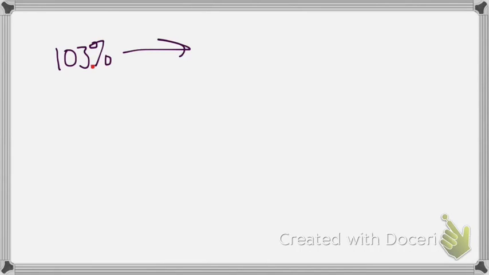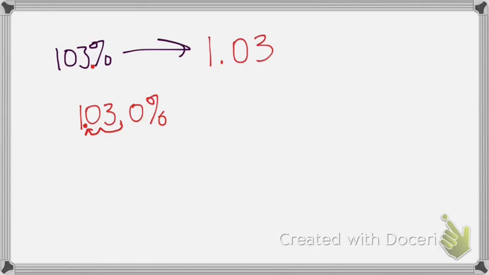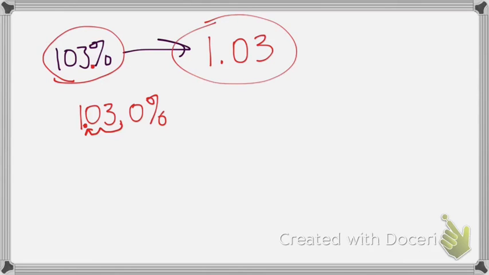If our decimal was right here, because remember 103 is the same thing as saying 103.0, and we want to move that over twice now, would you guys see that would be actually 1.03? Which is basically just like what we talked about. It's our 103%. We just wrote it as a decimal.